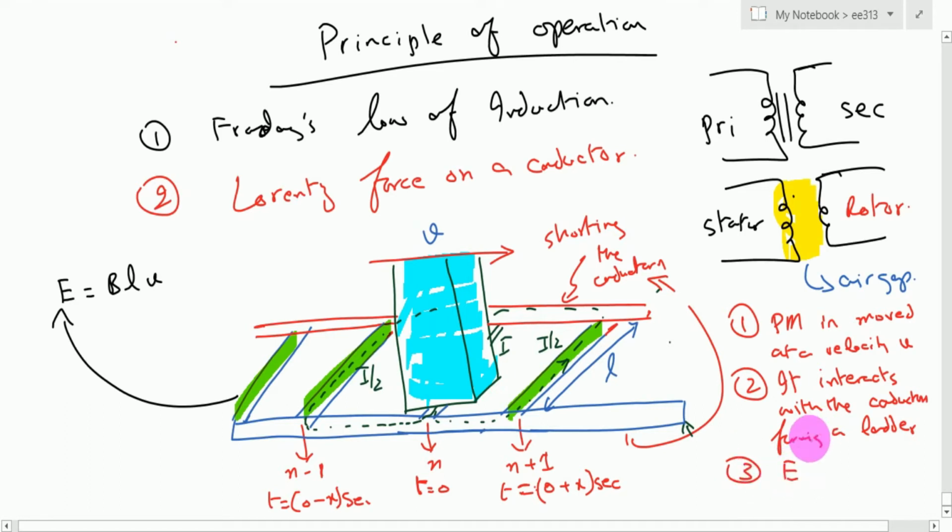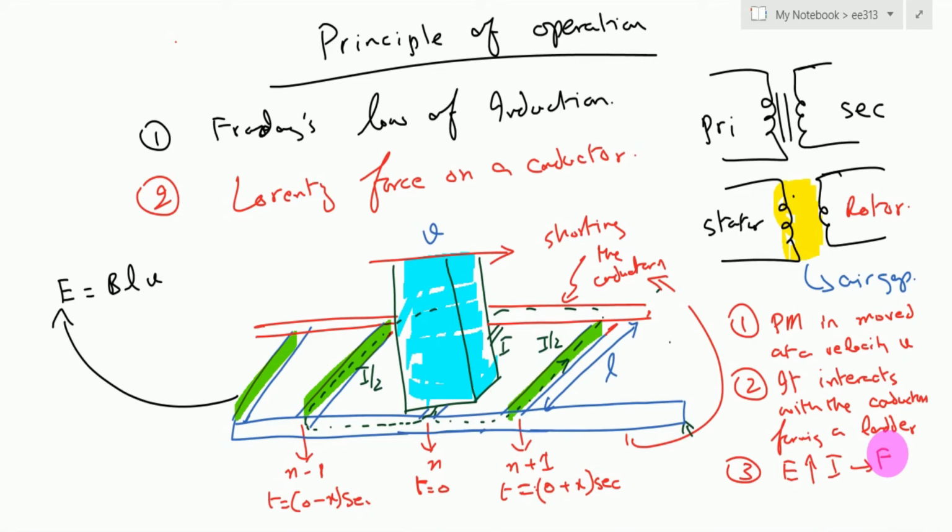Number three, an EMF E will be induced as a result of that, and that E will give rise to the current I, because the ends are short circuited. As a result, we have some force F which will be exerted on the ladder circuit.